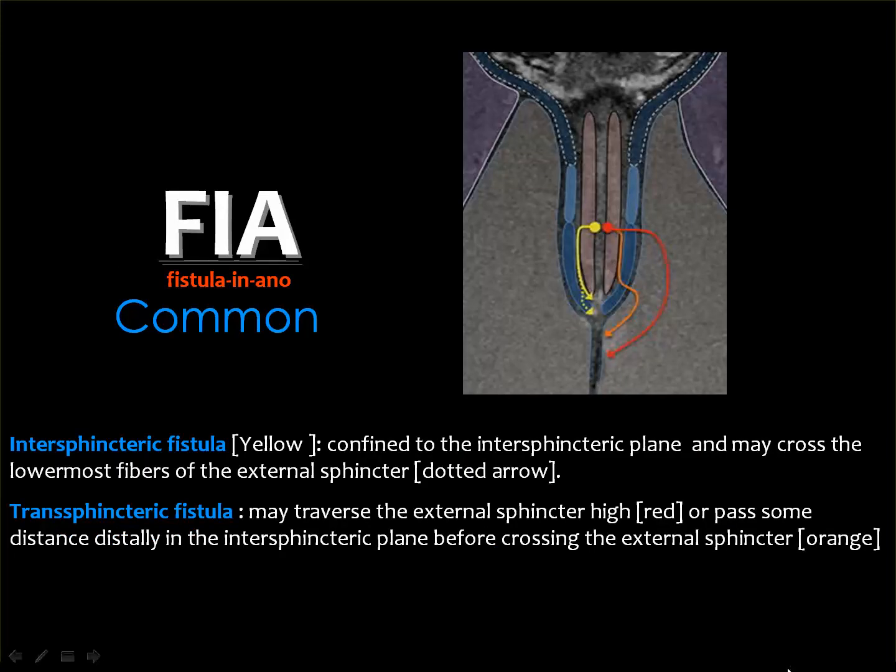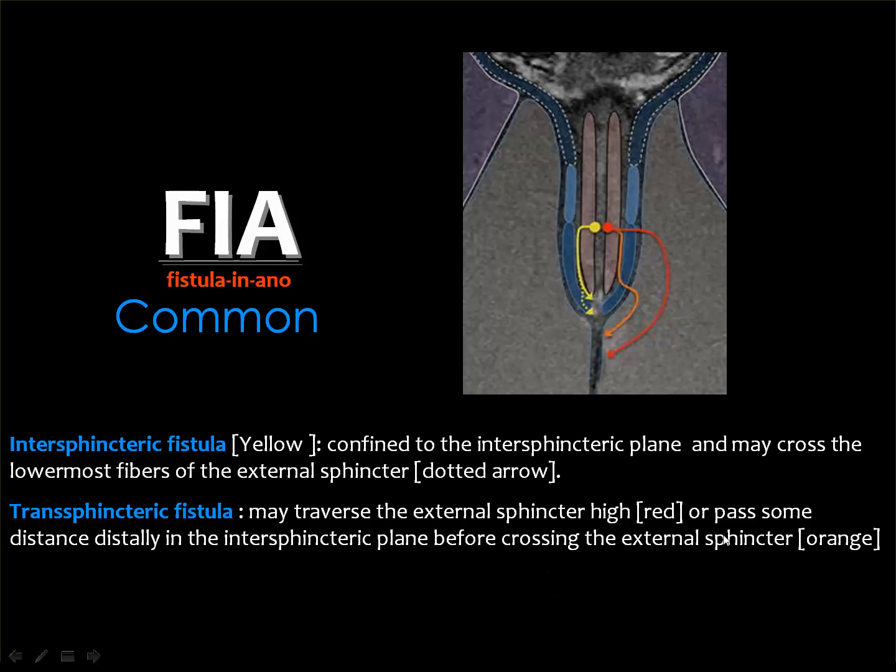Then we have two common types and two rare types. The intersphincteric fistula is the fistula tract running between the internal sphincter and the external sphincter until it reaches the outside. And sometimes it may have a very small extension through the external sphincter to reach the external opening, and this is considered also intersphincteric.